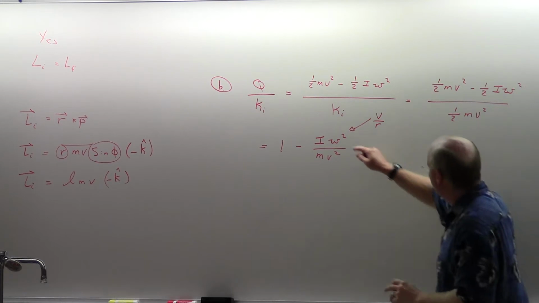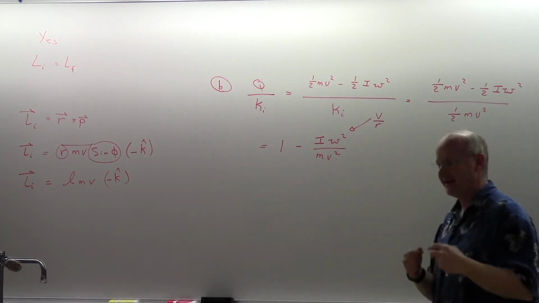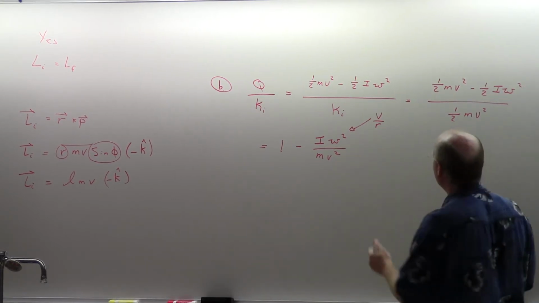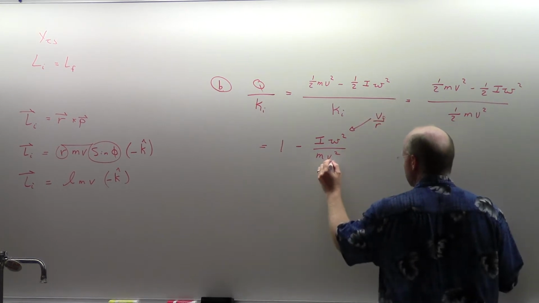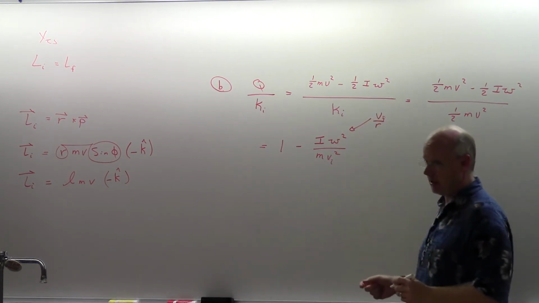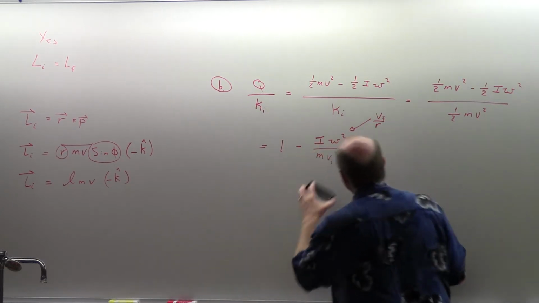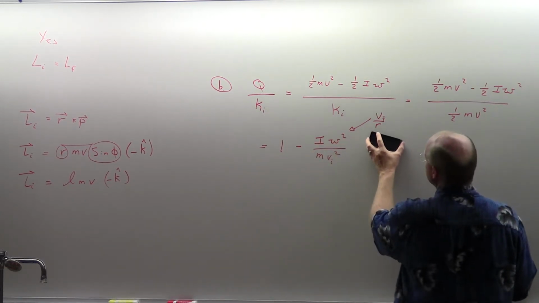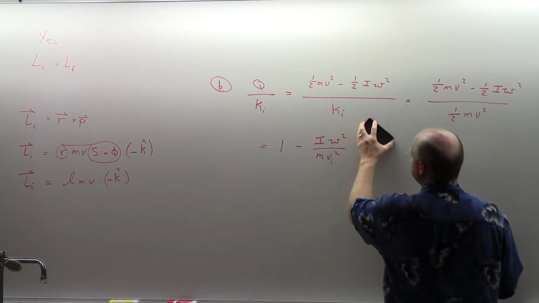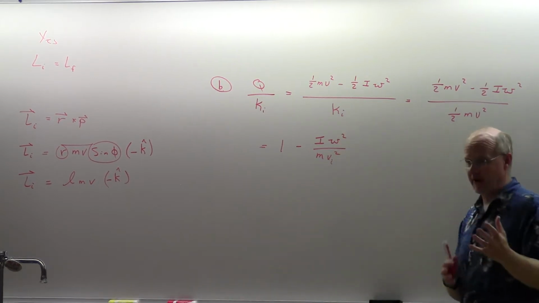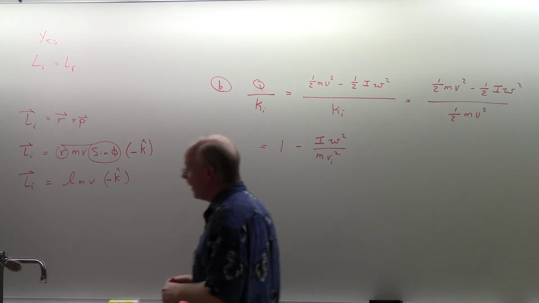So, does omega equal v over r? Yes, but this is the final speed and this is the initial speed, so don't cancel them off. Okay? So, is there a connection? Yes. And I don't think this is a good connection to go down, because I don't even know what the final speed is. Oh, but I can get it.